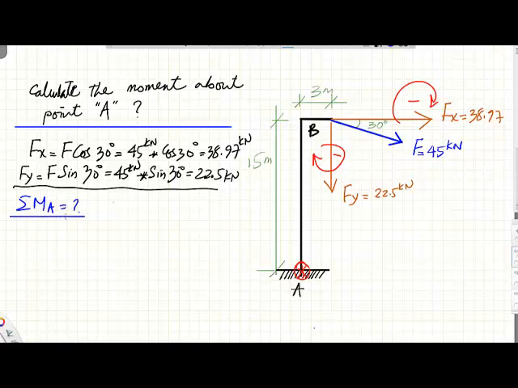So in this case, we have the first one here, Fx will cause a negative rotation, minus, so it is Fx multiplied by the distance. The perpendicular distance between Fx and the point is 15 meters.